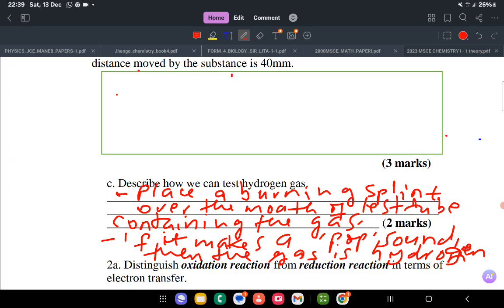If it makes a pop sound, like a small explosion, then the gas is indeed hydrogen.